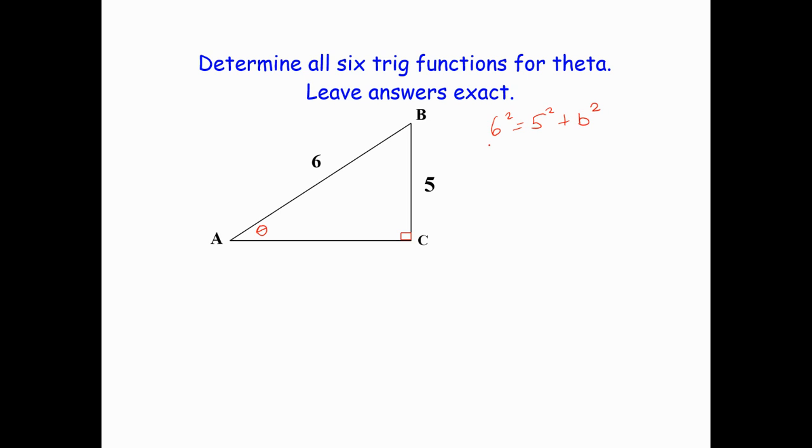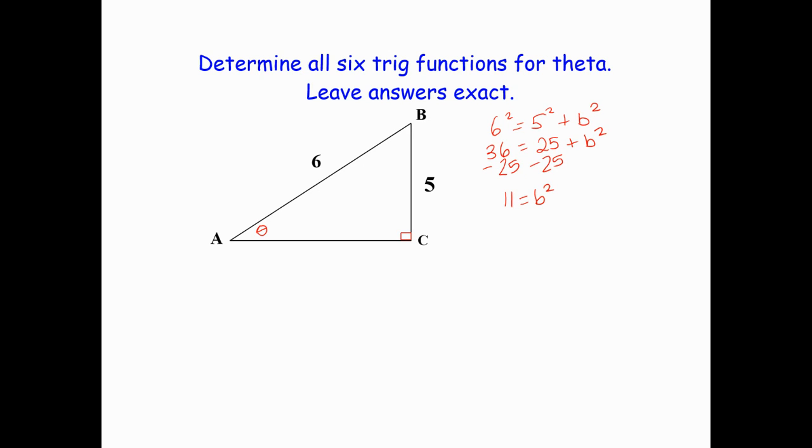We'll switch it up. So I get 36 equals 25 plus b squared. Subtract 25 from both sides, and I get 11 equals b squared.